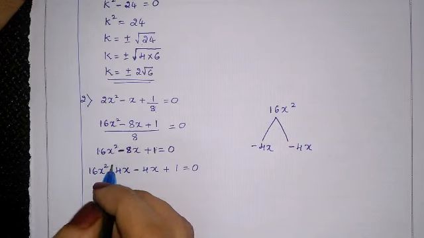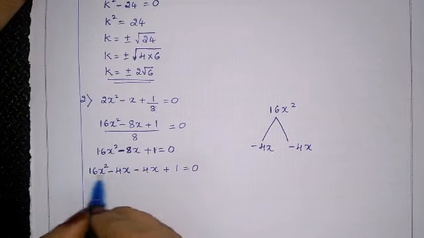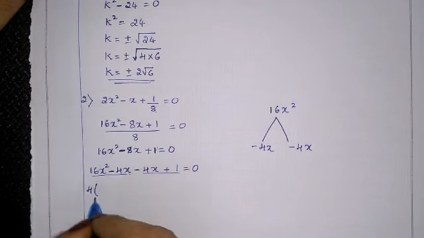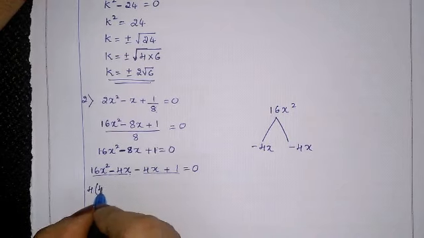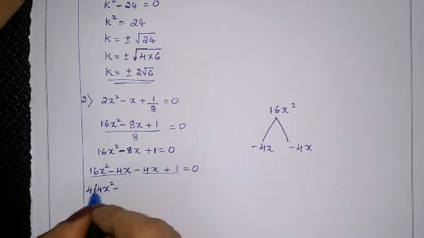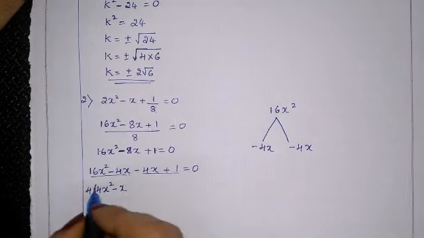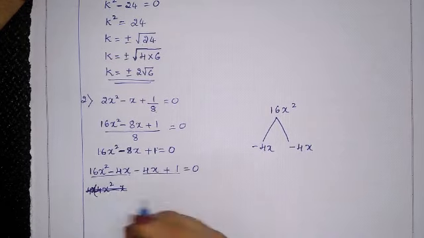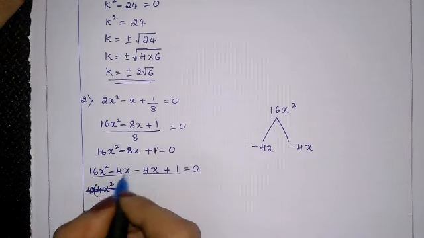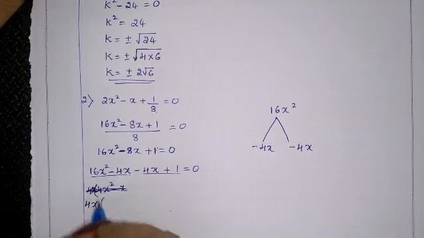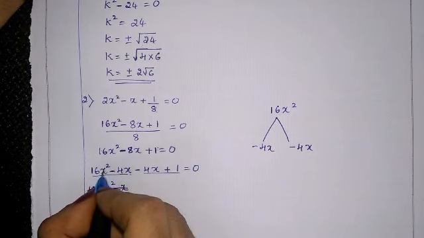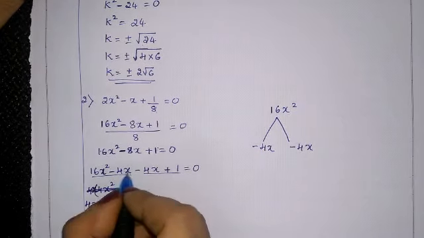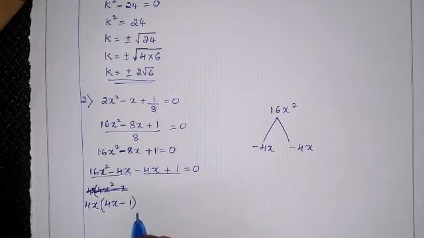Now let us see what is common here. Here we can see 4x is common in this bracket and this bracket. 4x if I take common, 4 4s are 16, x square is there, 1x we have taken outside, so 4x minus, complete 4x is common, nothing means 1.